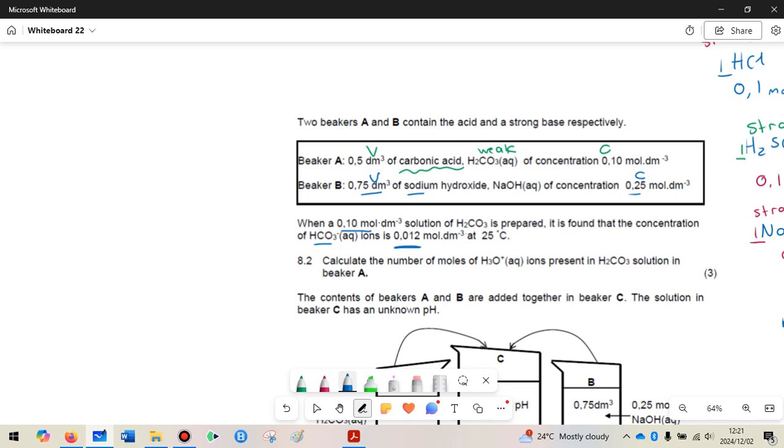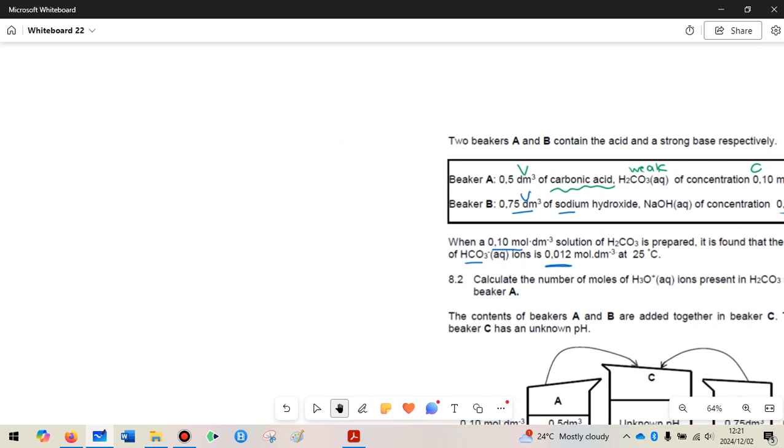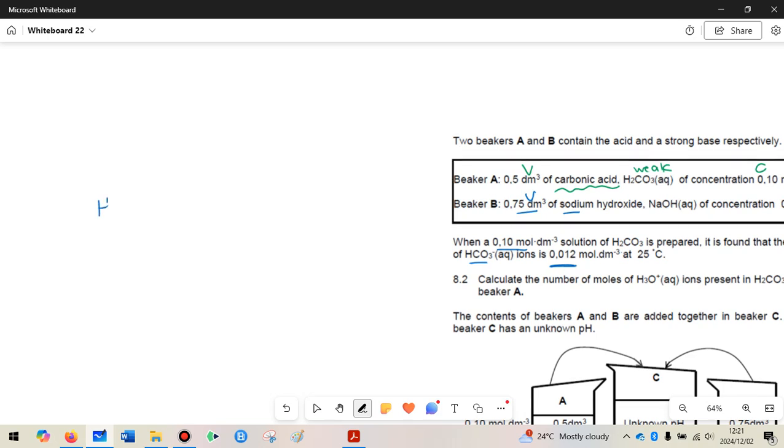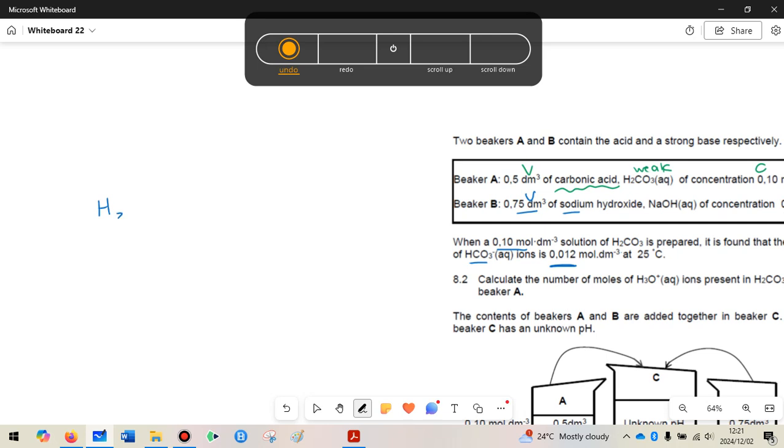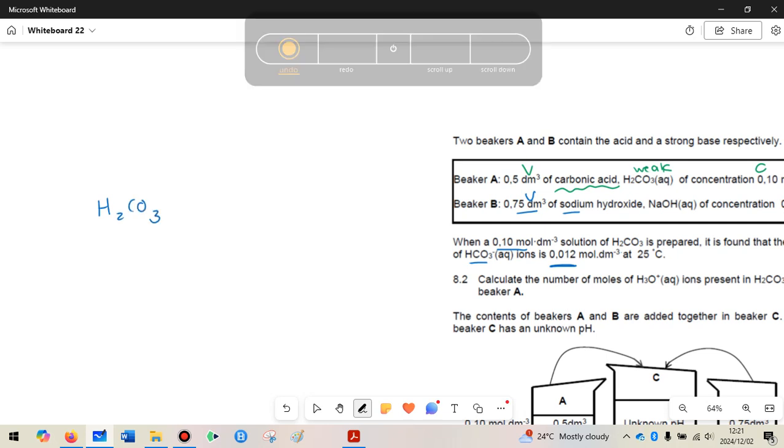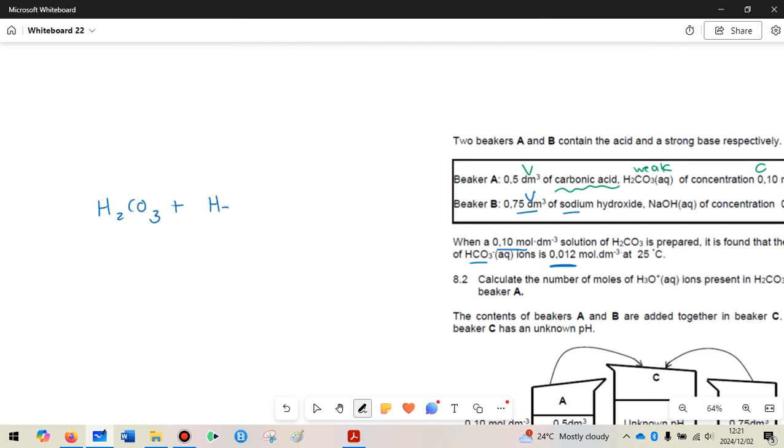that form. So let's take this carbonic acid for a second and let's write that down so it makes more sense. So we have carbonic acid, which you can see is diprotic, but they're only making it break up and lose one hydrogen because we're forming HCO3. So the fact that it's diprotic isn't really important at the moment.